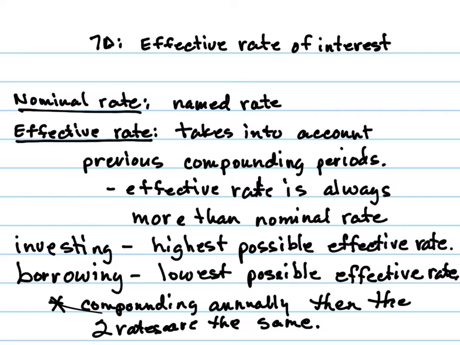Now, when you're comparing these rates, you're going to be using some information that we've already looked at. Okay? So what we want to do is look at the formula and talk about how to use it. Now, you have to be careful with the formula. You don't have to memorize the formula. It's going to be included in your formulas page.